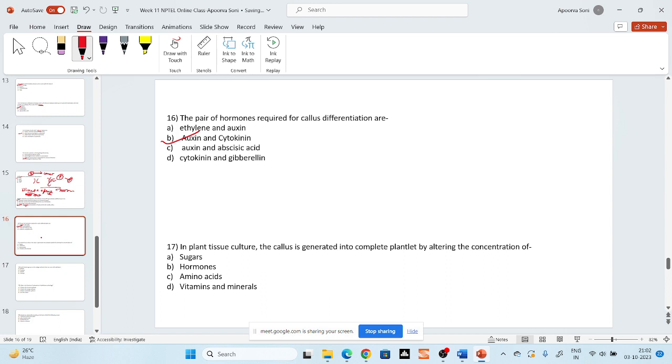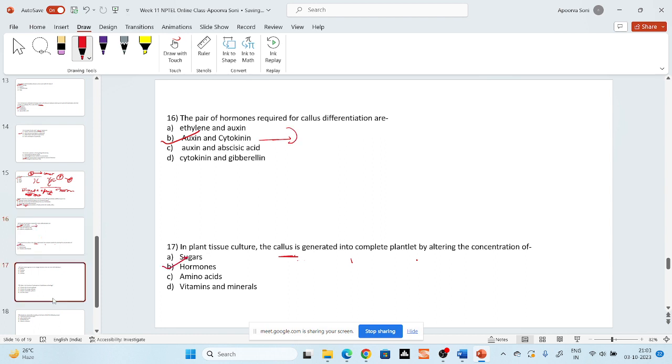Then, in plant tissue culture, the callus is regenerated into a complete plantlet by altering the concentrations of what? Same question, just written differently. Callus is generated into a complete plantlet means callus is getting differentiated with the help of hormones.